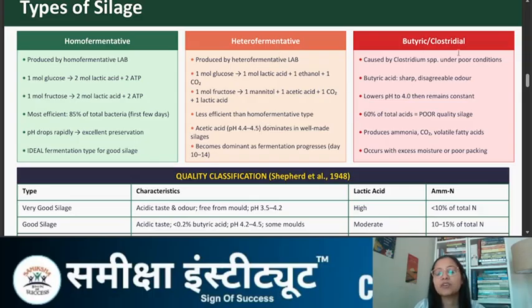Then butyric acid and clostridial fermentation, this is not desirable basically. This is caused by Clostridium under poor conditions. Whenever there will be growth of Clostridium under poor conditions, because Clostridia is also anaerobic bacteria, butyric acid is formed here, which has a sharp disagreeable odor, and it also lowers the pH to 4.0, but it is not desirable. 60% of the total acids are poor quality silage, and it also produces ammonia.